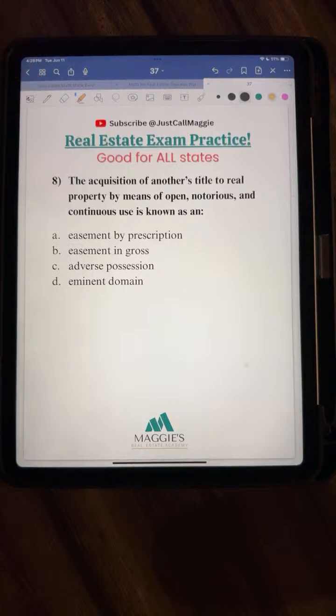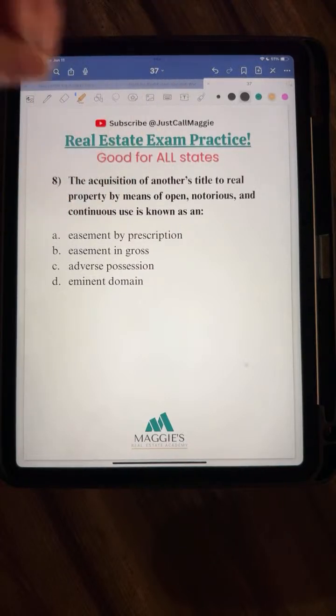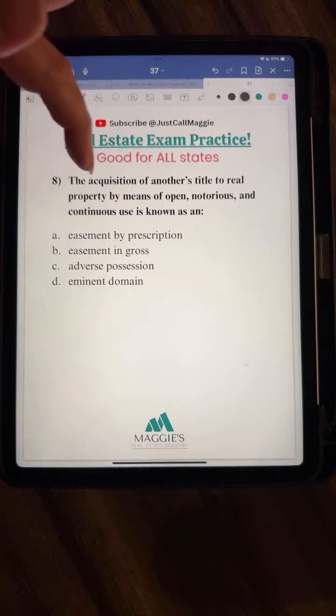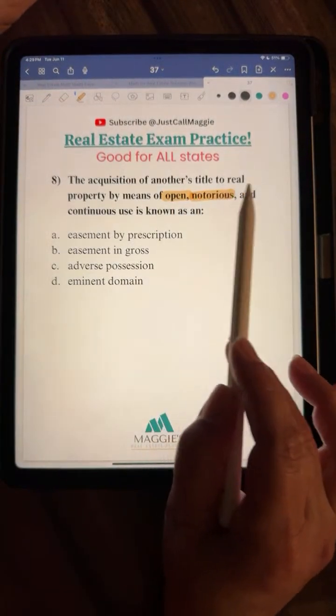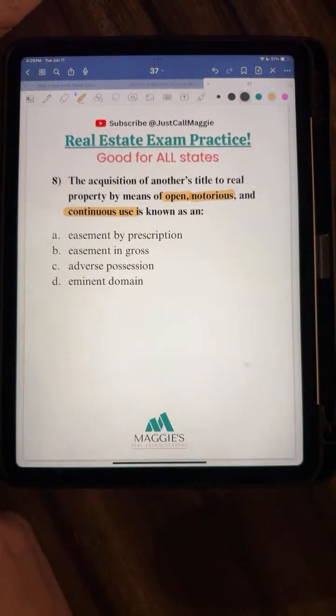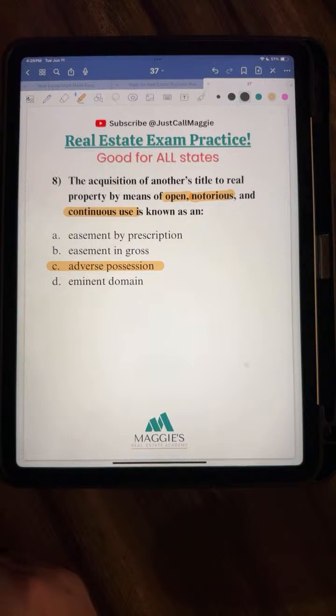Very good. So remember, acquisition means taking over somebody else's title to real property by means of open, notorious, and continuous use. That is considered adverse possession. Very good, you guys, putting C in the chat.